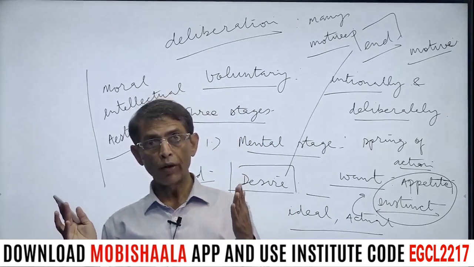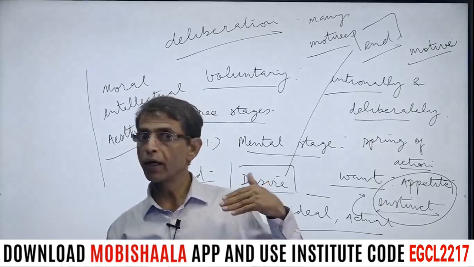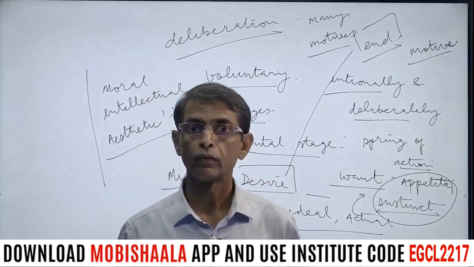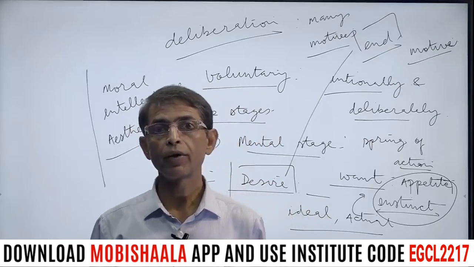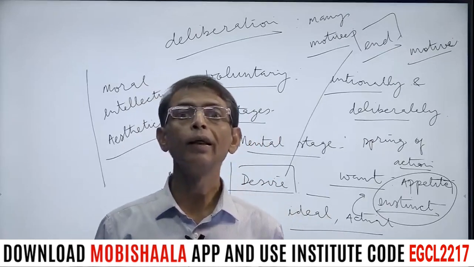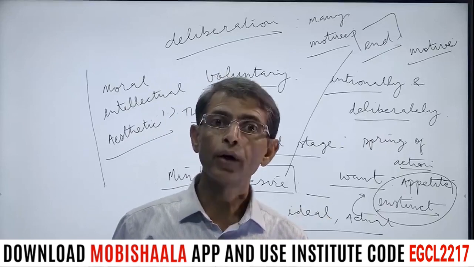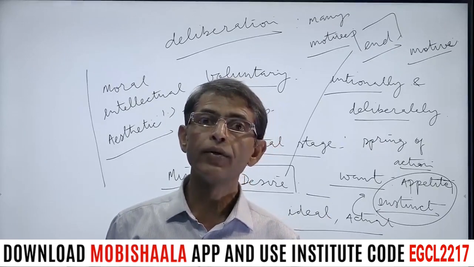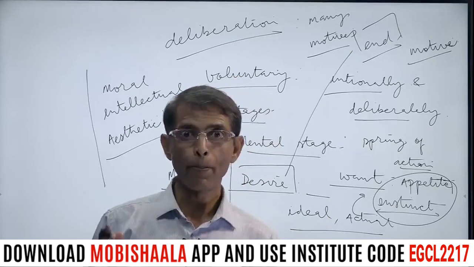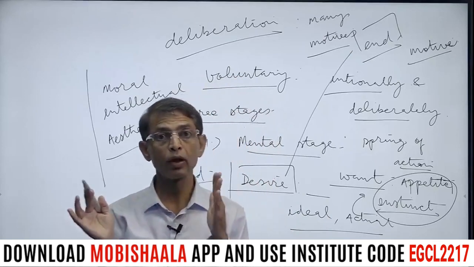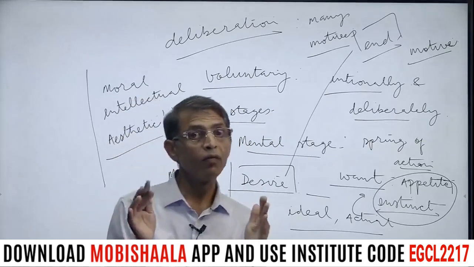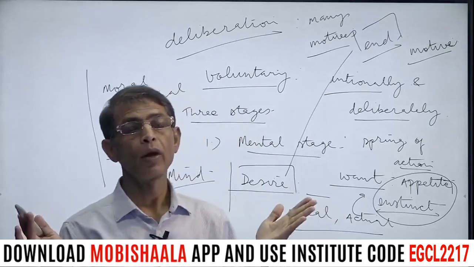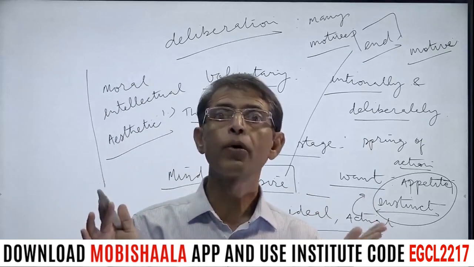And now in voluntary action, we are going from desire to action. So once it is a matter of action and once it is a matter of decision, then he goes to deliberation. And now for deliberation, he chooses the end as well as the means and weighs them on a balance and examines all pros and cons.